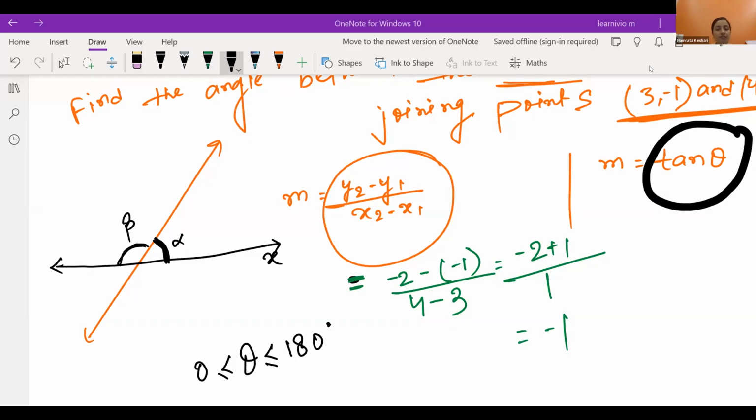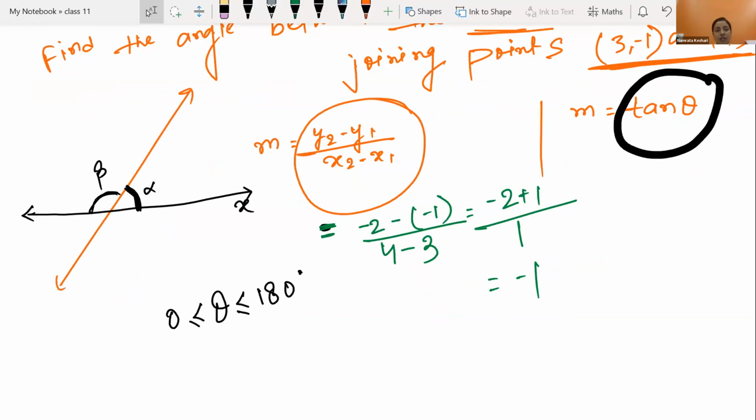Can you see the screen, everyone? Yes, ma'am. Manvi and Neha, please focus. If tan theta is coming out as -1, then how to determine what theta is, keeping in mind that theta will lie between 0 to 180 degrees.